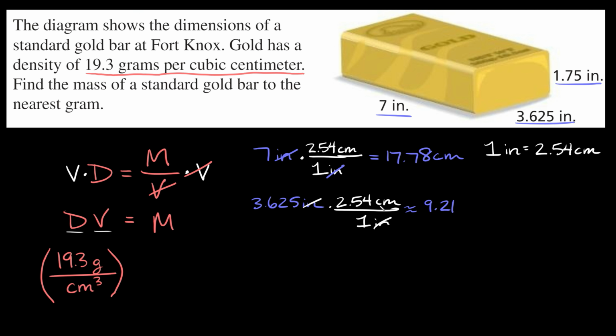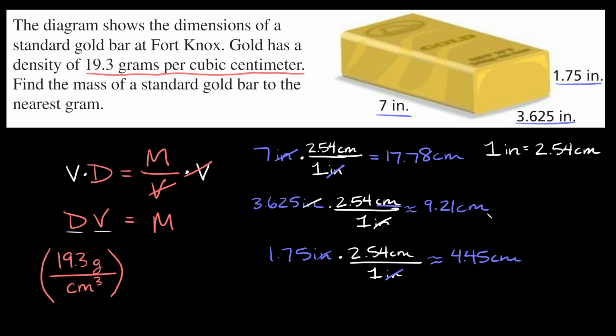And again, our units that we're left with are centimeters. And then lastly, 1.75 inches times 2.54 centimeters over 1 inch, these cancel out. Multiplying straight across, this is equal to approximately 4.45 centimeters. All right, great.